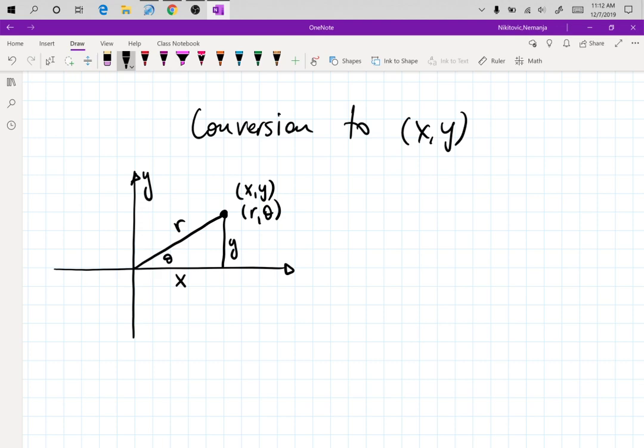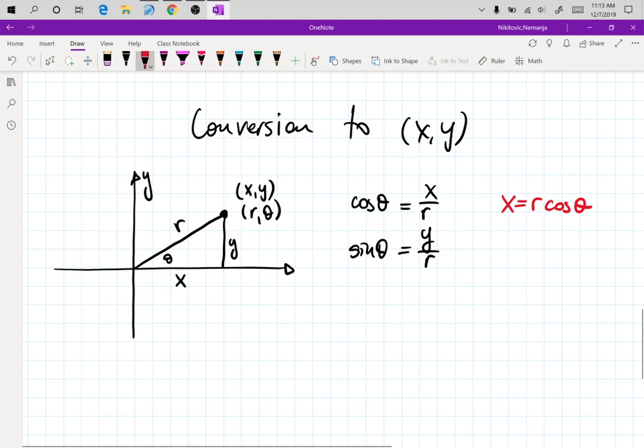If you write cosine theta is equal to adjacent over hypotenuse, which is x over r, you will get that x is equal to r cosine theta. If you write sine function for the same picture, you get y over r, and that gives you y equals r sine theta.